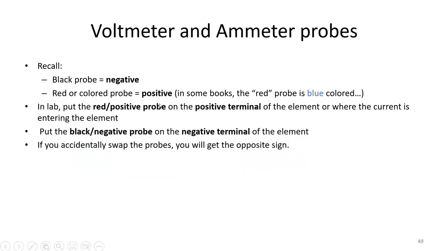All right, final few points to remember about voltmeters and ammeters. First, remember the color code. The black probe on the ammeter is the negative, and the red or the colored probe is positive. Notice in some books the red probe might be blue or some other color. And when you're measuring stuff in the lab, remember you want to generally put the red or the positive probe on the positive terminal of the element.